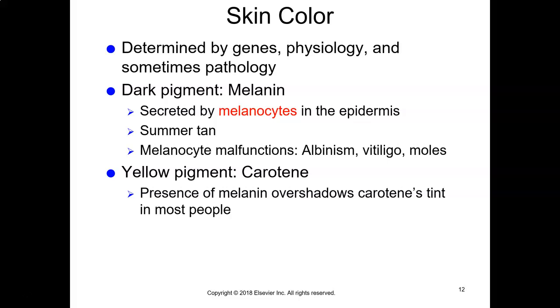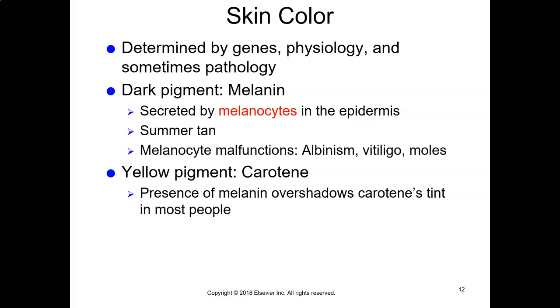Our skin color is determined by our genes, our physiology, and sometimes pathology. Like I was telling you, if someone has liver problems, they'll be jaundiced or yellowish looking. We talked about melanin, and melanin, you need to know, is secreted by melanocytes in the epidermis of the skin.